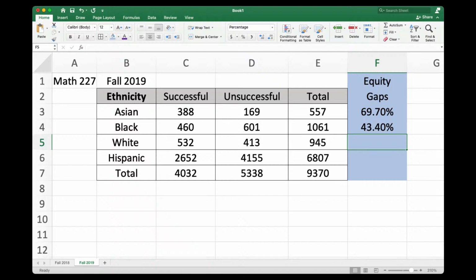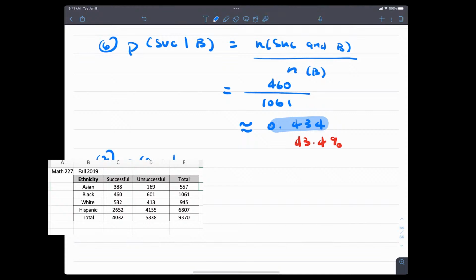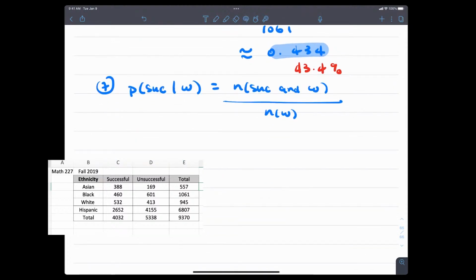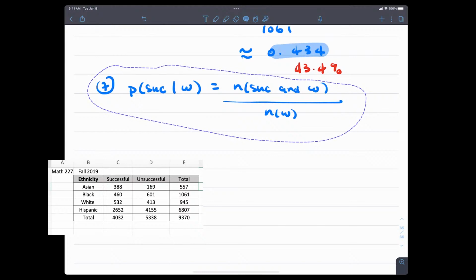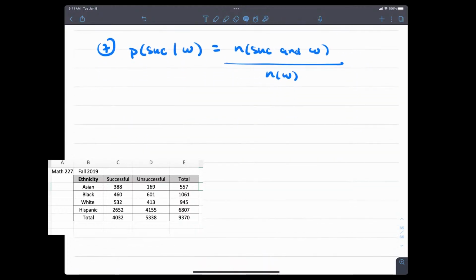So the probability now of being successful, given that you are white: number of successful students who are white, out of the total number of white students. So we need to find that now.